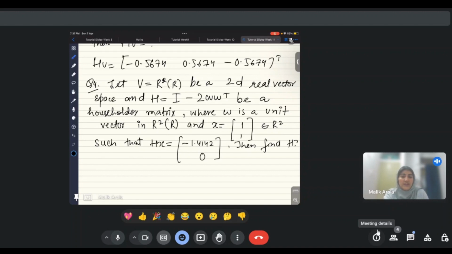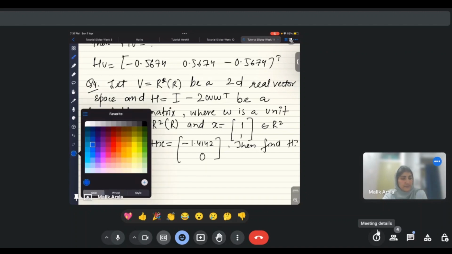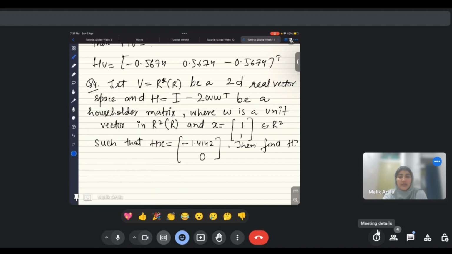You have done similar questions in assignments, right? Can you give me the overview of how to do this type of question?